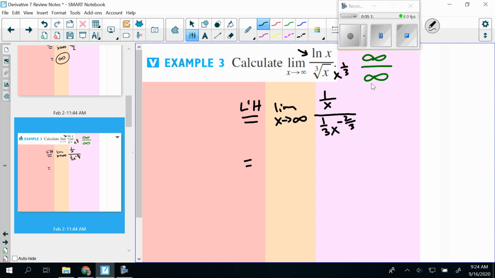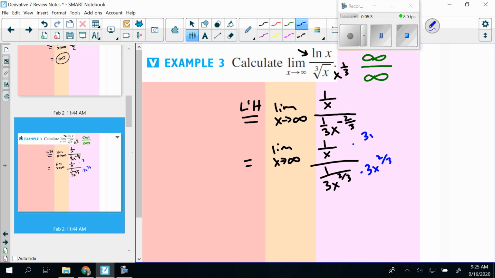On this one, a negative exponent is the same as 1 over 3x to the 2/3. Let's multiply by the reciprocal, both top and bottom. If you want to put it over 1, you can. So that cancels.